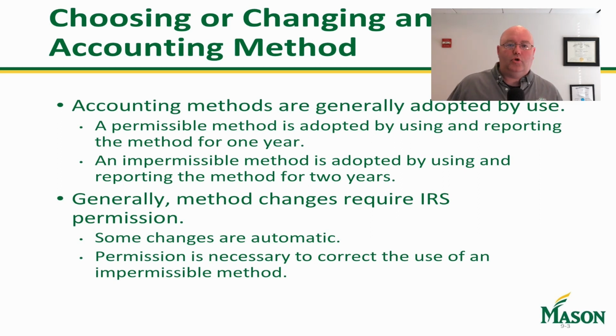So if you choose to depreciate something a particular way, and you want to swap back to something else, once you hit that 2-year period, and because it's impermissible, you now have to ask IRS permission. Now, they'll grant it to you because you're trying to fix something that went wrong, but it's going to take a lot of paperwork and a lot of heartache on your part.